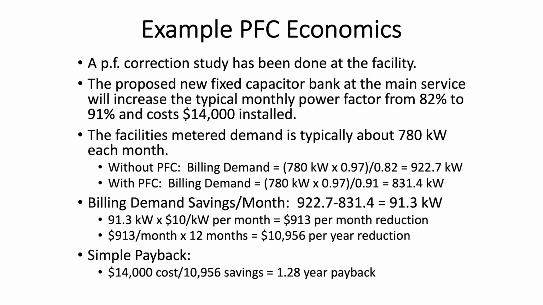That's a drop of 91 kilowatts I'm paying for on the demand charge on my bill. Okay, that's $913 a month at $10 per kilowatt times 12 months. That's $11,000 per year. It cost me $14,000 to put in. I'm saving $11,000 a year I'm not sending the utility. I pay for that cap bank in about 1.25 years.